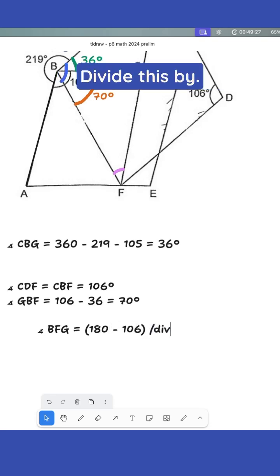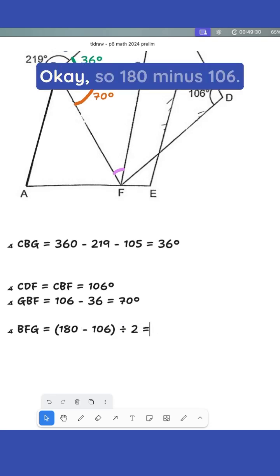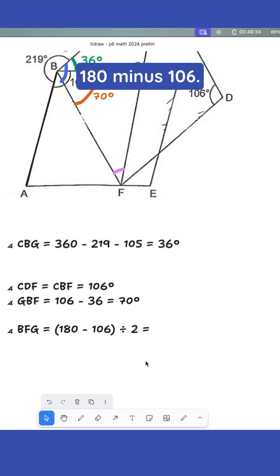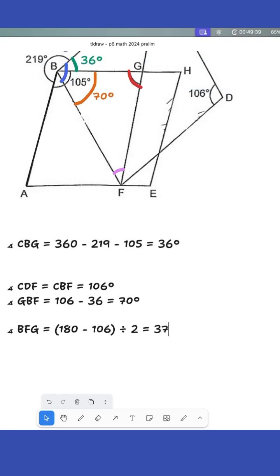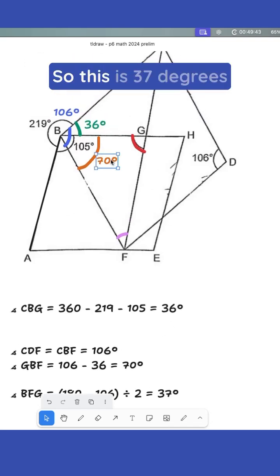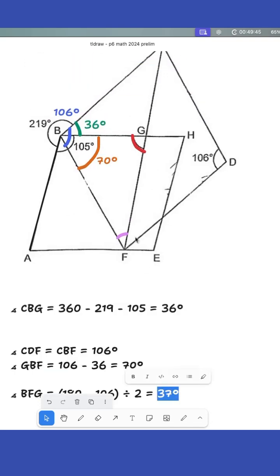So 180 minus 106, and then we divide by 2. This will give us 37 degrees. So this is 37 degrees, like this.